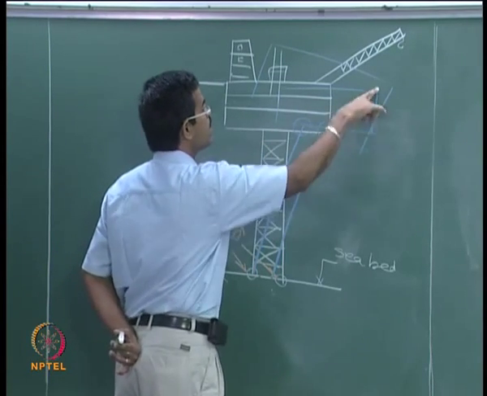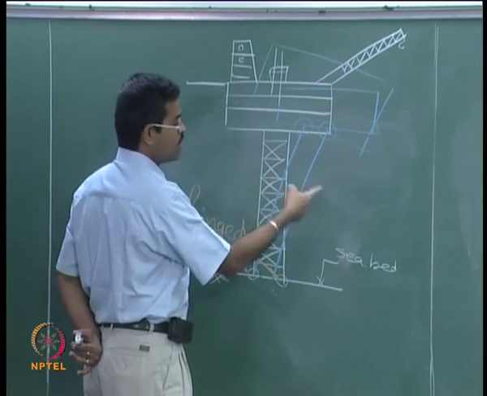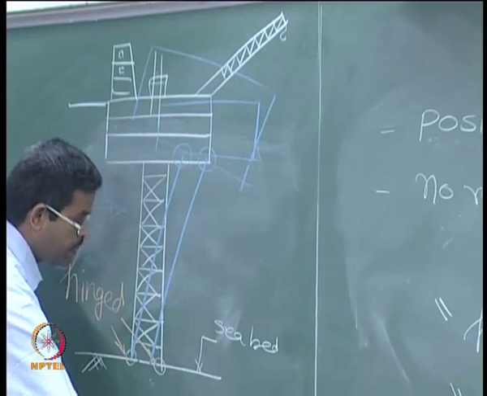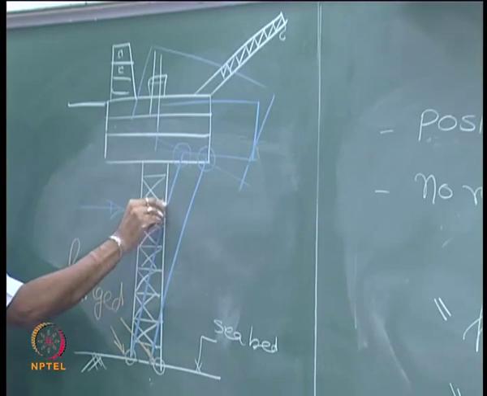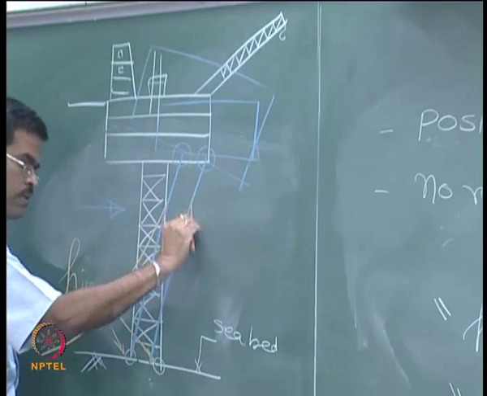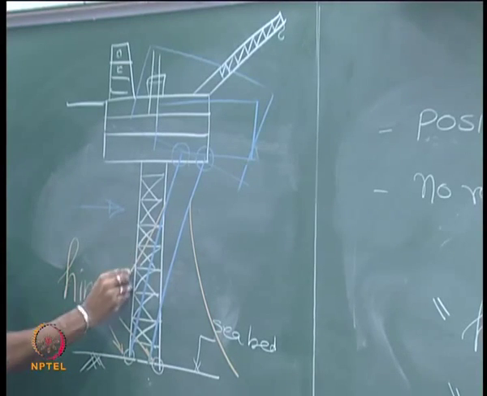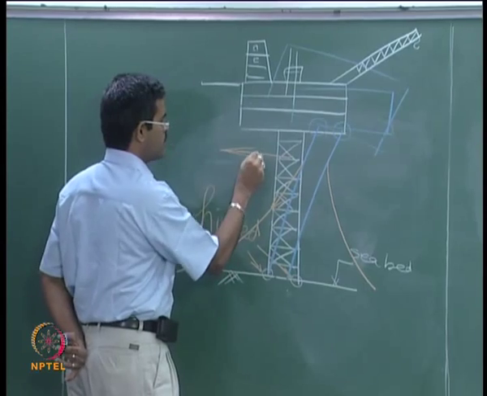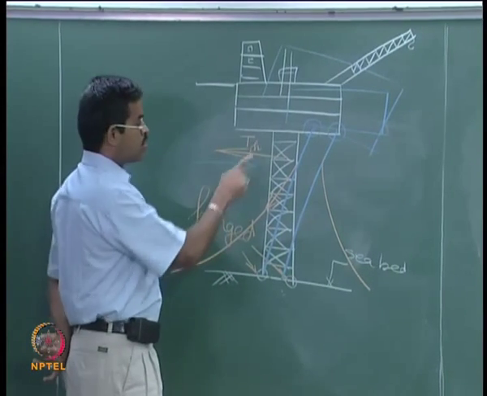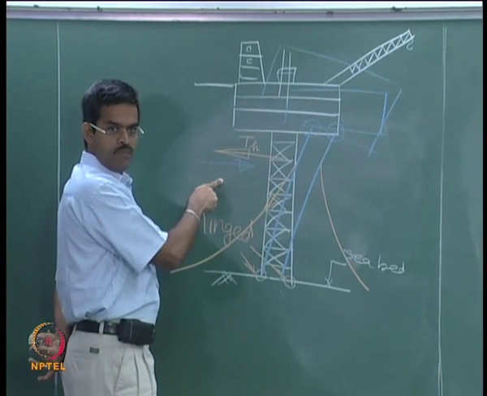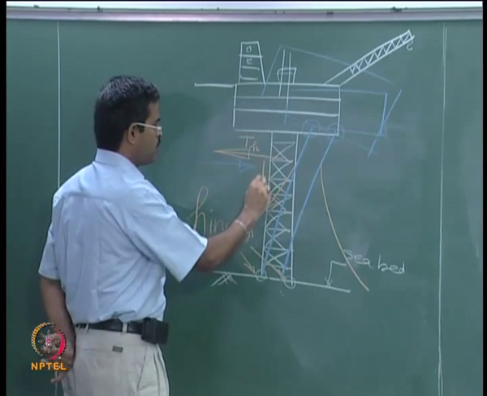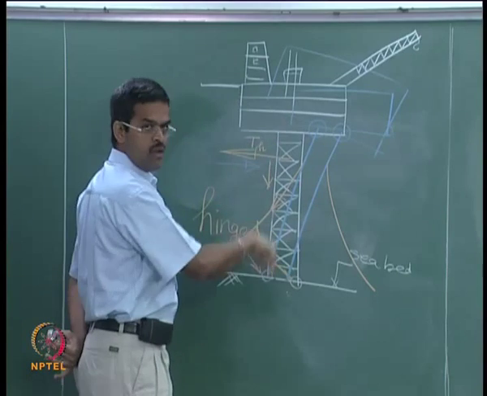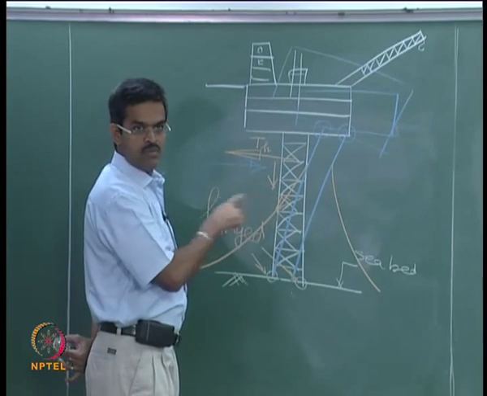The deck will remain horizontal, but when the tower inclines because of the wave action happening here, then if I have any mooring line, the mooring line will be exerted with some tension. The horizontal component of this tension will counteract the wave. Of course, the vertical component of the tension will add to the weight, which will improve stability of this platform under wave action.